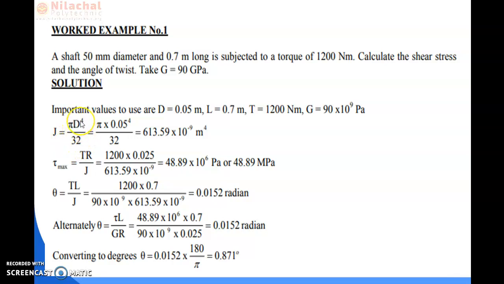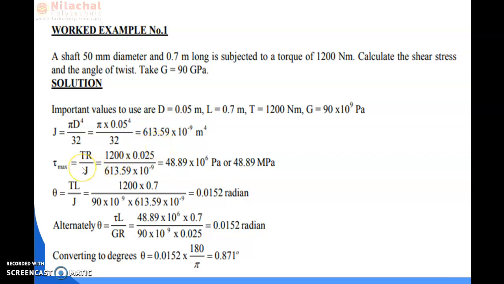So we put the diameter 0.05 in meters: pi into 0.05 to the power 4 divided by 32. Hence, the answer is 613.59 into 10 to the power minus 9 meter to the power 4. So polar moment of inertia we have calculated here.